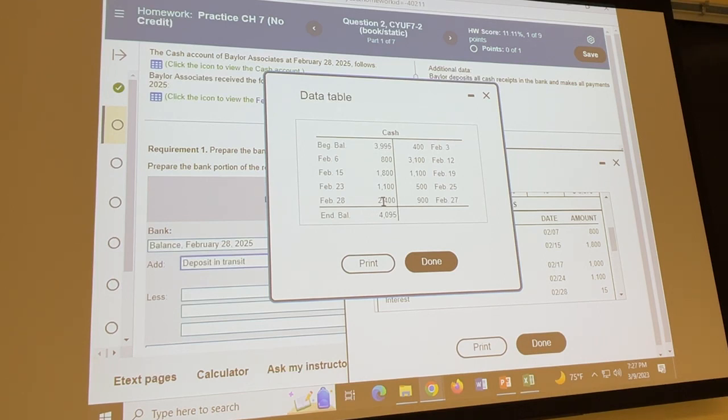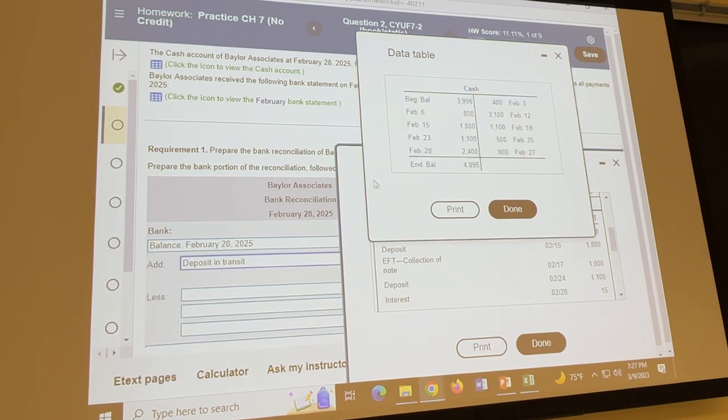So that on February 28th is apparently another bank deposit that did not reach the bank. So you should always be looking to see if there's something very close to the end of the month that you can't find on the bank statement.